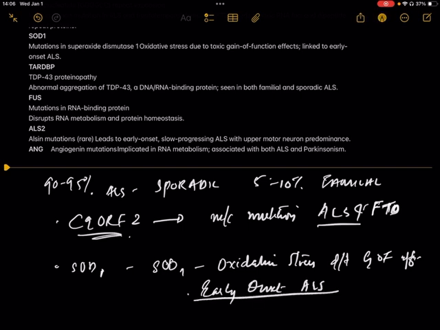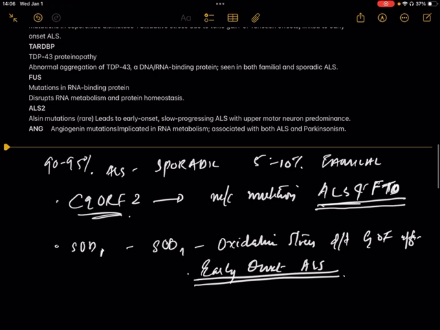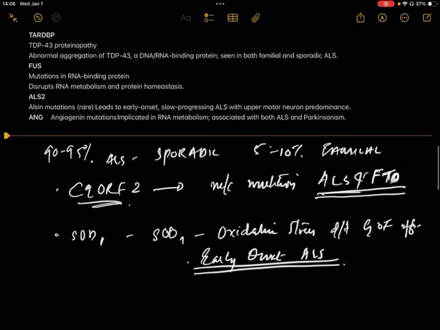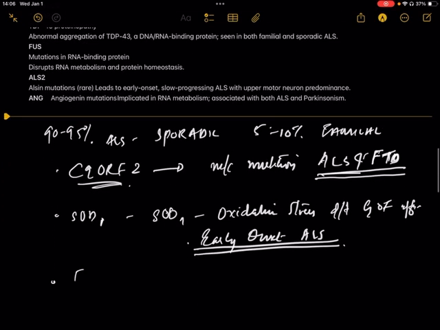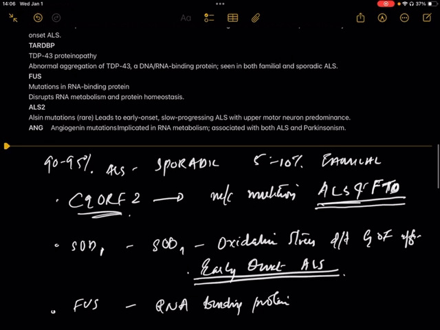So this is a feature of the SOD1 mutation, early onset, whereas C9orf72 was the most common mutation, and it was also seen in frontotemporal dementia as well. Coming to the next mutation, the FUS mutation, that is a mutation in an RNA binding protein, which disrupts RNA metabolism and protein homeostasis.